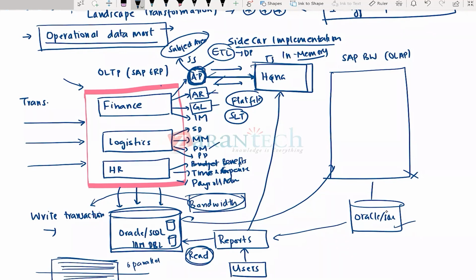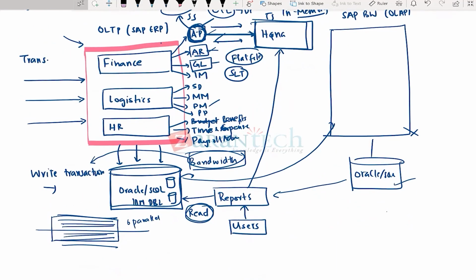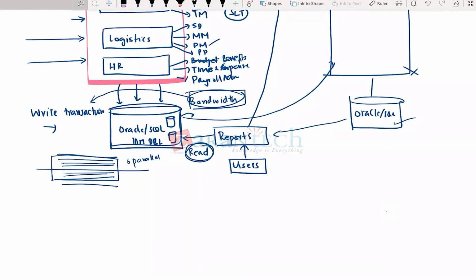When I take a particular subject area which is operational in nature and push it into SAP HANA, that primary use case was supported and satisfied by this technology called SLT. That's why we coined it as operational data mart. That is how SAP SLT, that is SAP Landscape Transformation, came into this picture.